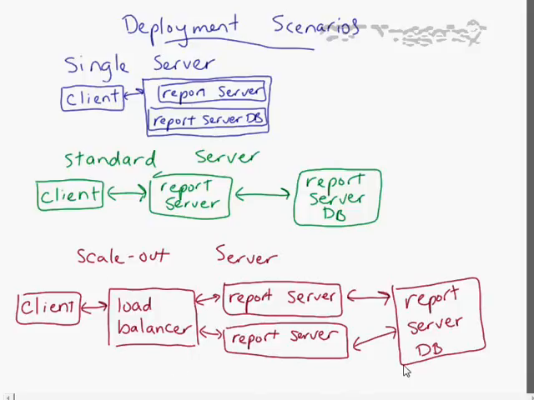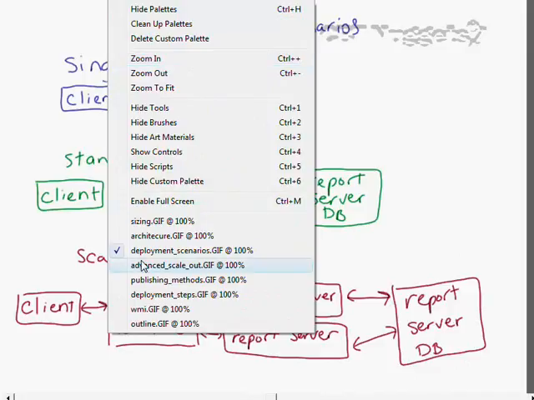If you determine that in this environment the report server database is still getting pounded, then you might want to have multiple report server databases so you can scale out that database itself. Now, there's yet one more deployment scenario called the advanced scale-out server.